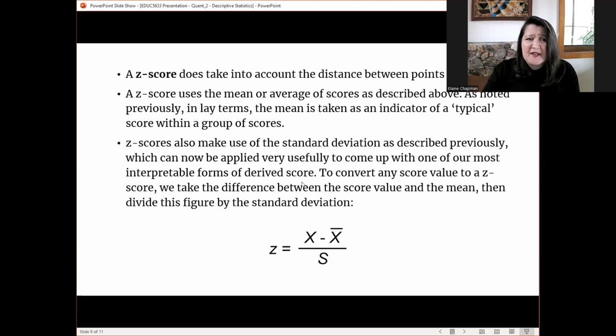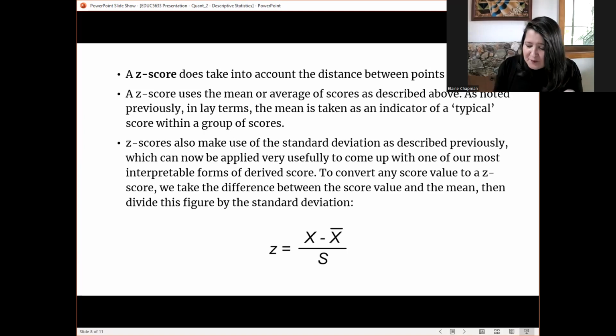A Z-score, on the other hand, does take into account the distance between the points in your data, or the actual score values that you get. So when we compute a Z-score, we use both the mean and the standard deviation that we talked about earlier on. Remember that the mean is supposed to represent a typical score within the distribution, and the standard deviation tells you how much on average the scores in your set differed from that so-called typical score.